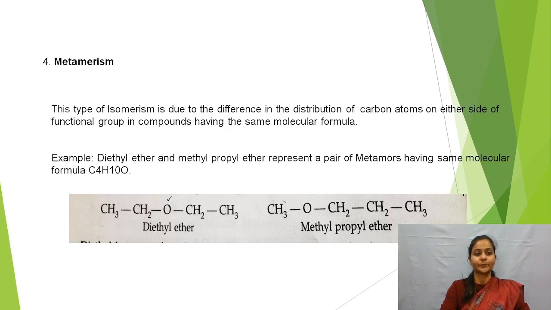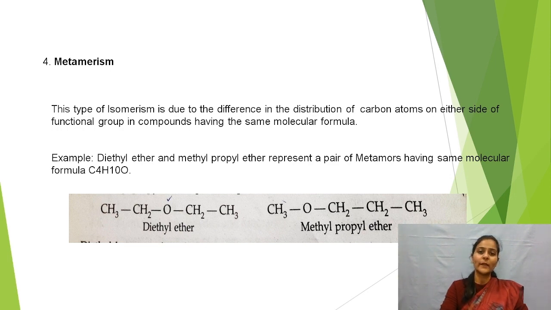C2H6O. Next is metamerism. Metamerism is that type of isomerism which arises due to the difference in the distribution of carbon atoms on either side of the functional group. Similarly here, the condition of molecular formula also applies.